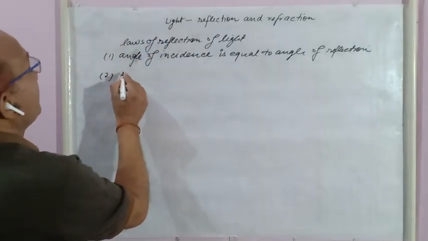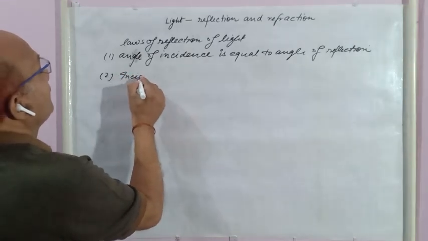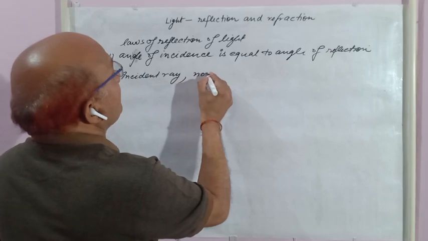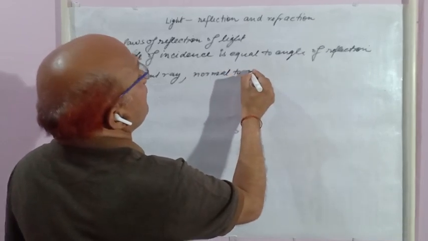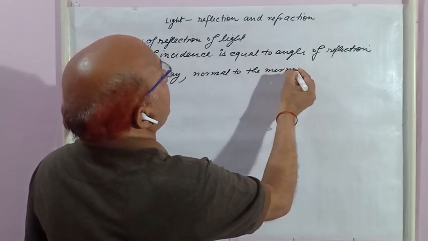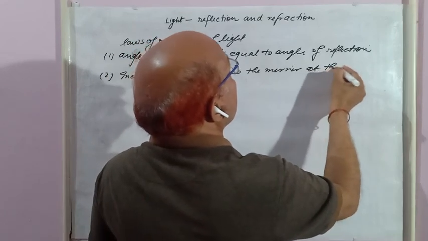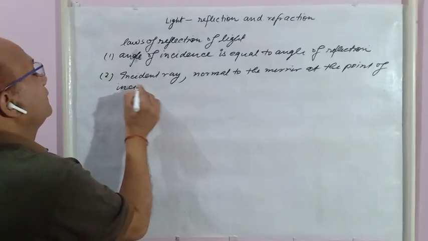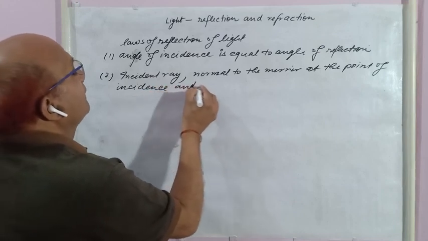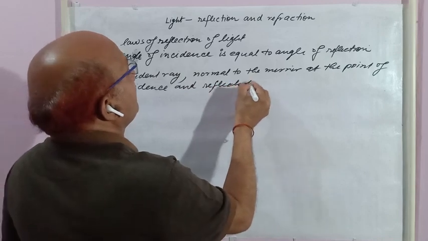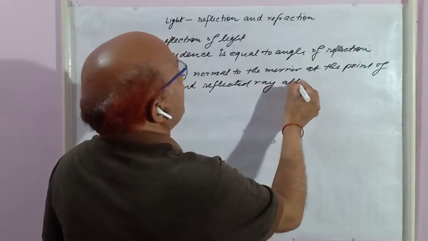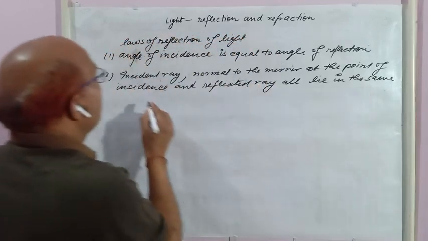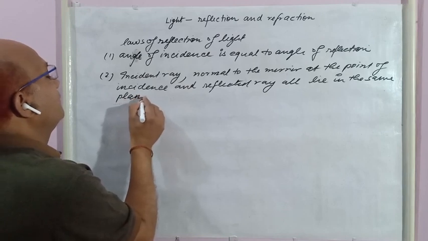The second law is: the incident ray, the normal to the mirror at the point of incidence, and the reflected ray all lie in the same plane.